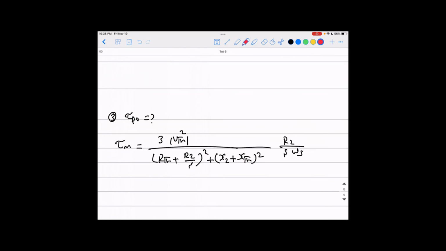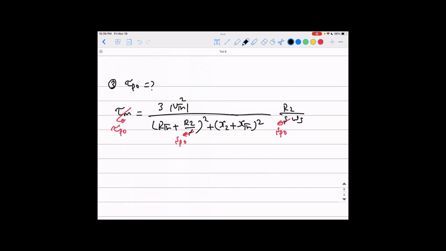Why am I going with this here? Because it's more convenient. If you want the pullout torque, simply replace this slip by the slip of the pullout torque, and this slip by the slip of the pullout torque, and you have everything set. That easy.